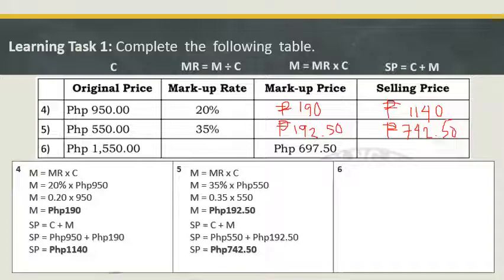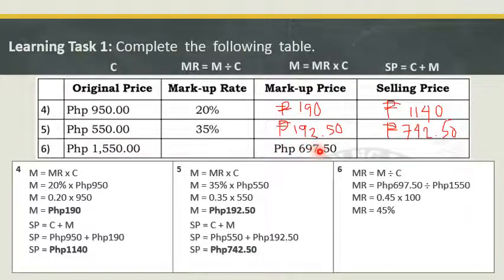Then next, number 6. So, nawawala naman dito is markup rate and selling price. So, para makuha ang markup rate, divide nyo lang yung markup sa cost. So, divide natin 697 and 50 centavos divided by 1,550. Ang makukuha natin is 0.45. Siyempre, pag percent, pag rate, tinatimes sa 100.